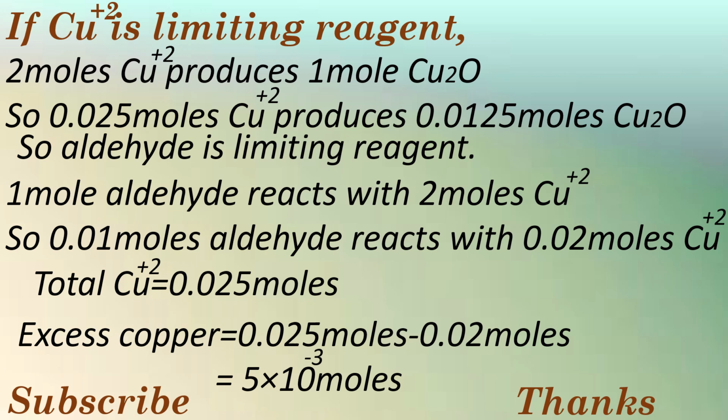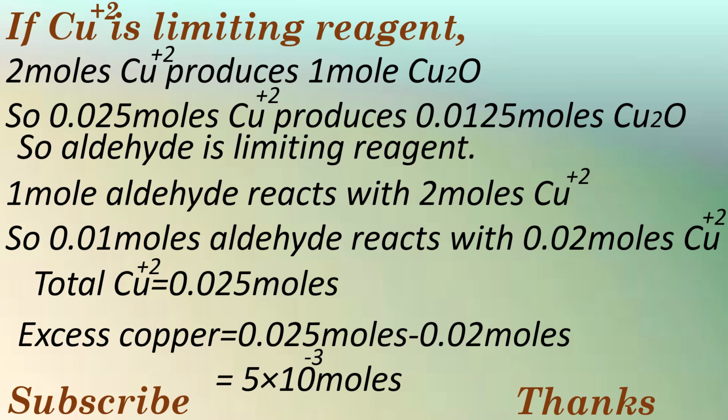Total copper is, as already given in the example, 0.025 moles. The reacted copper is 0.02 moles copper that we have calculated now. Now excess copper is equal to total copper minus reacted copper.